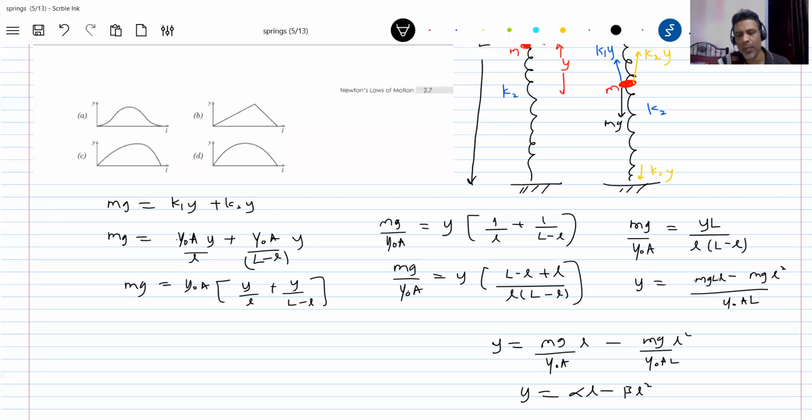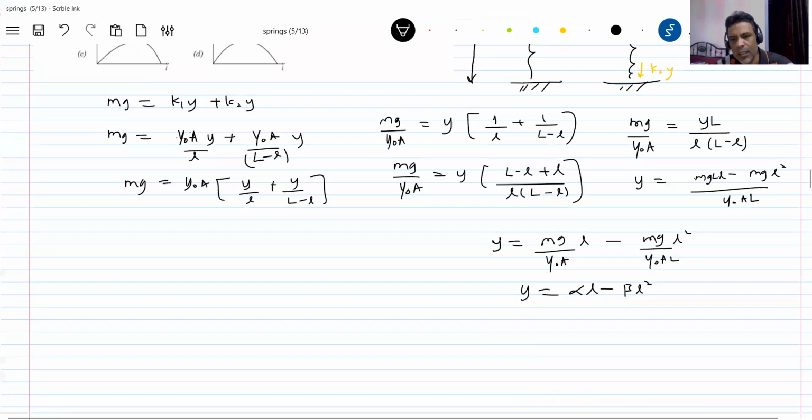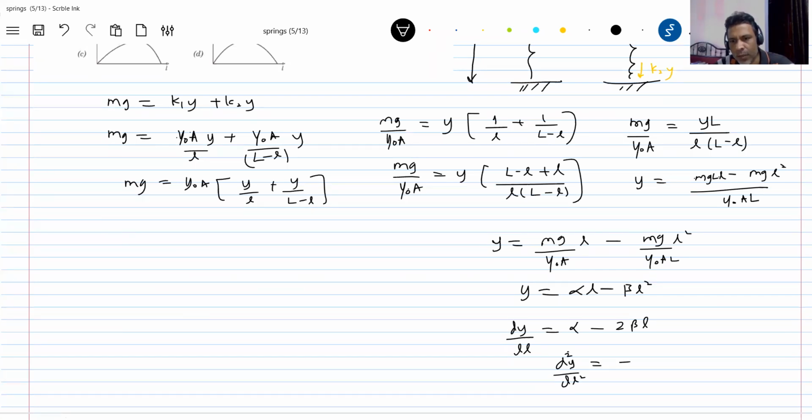Which graph do you pick up, anybody? Now you are familiar with this. Differentiate this. Check for maxima and minima. dy by dl is alpha minus 2 beta L. Then further d square y by dl square should be equal to minus 2 beta. So d square y by dl square I got less than 0.